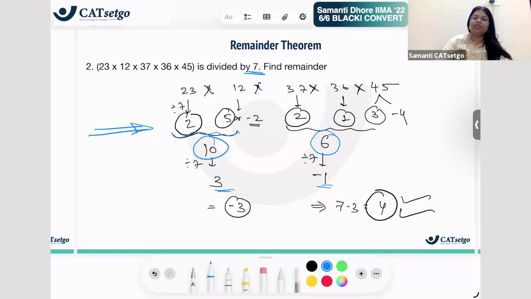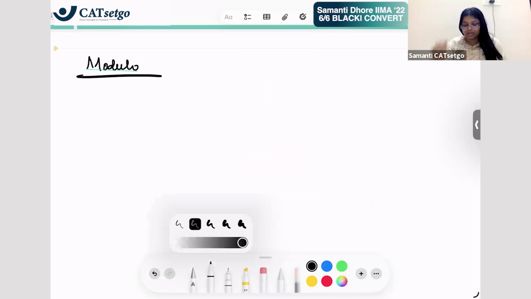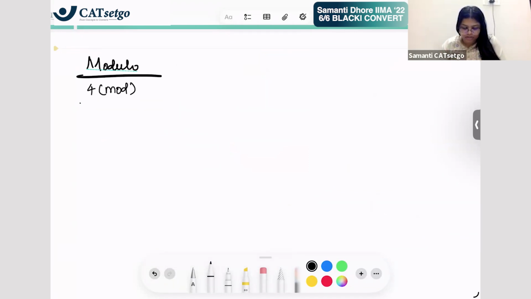If you watch videos on the remainder theorem, a lot of modulo is talked about. Modulo is never directly asked in the CAT exam. There's no need to learn it, but at the end it is this only. It helps you find the remainder only. It is written in a particular way. For example, if I write 4 mod 7, it means nothing but: when you divide 4 by 7, what is the remainder?